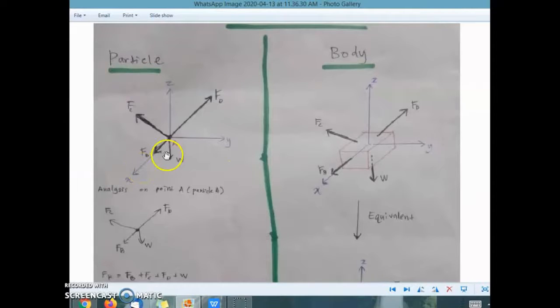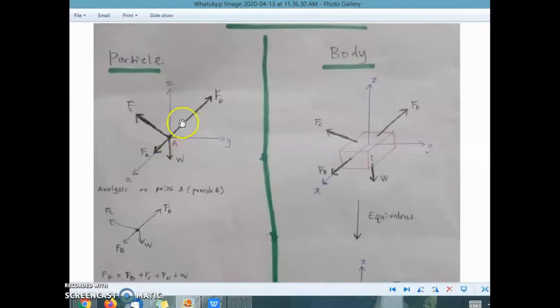Let's say there's a point here and we denote it as A, and the point is subjected to multiple forces like FB, FC, FD, and the weight. So the point A here, we call it a particle, because it is in the form of a point.